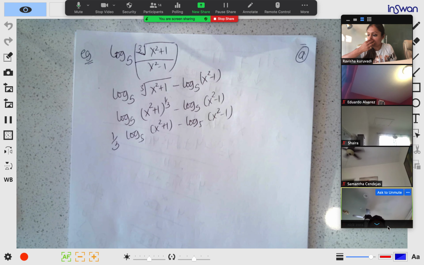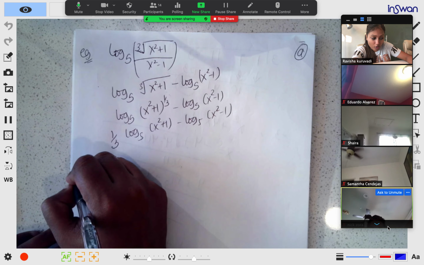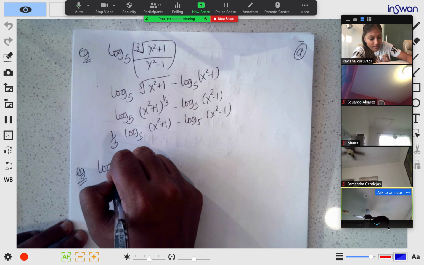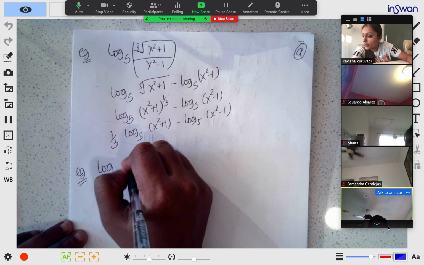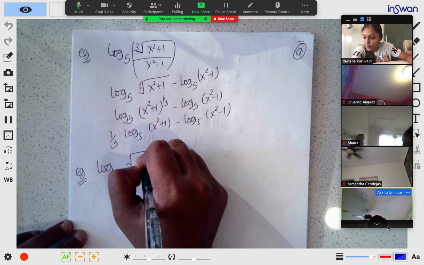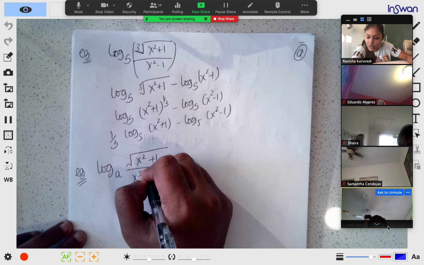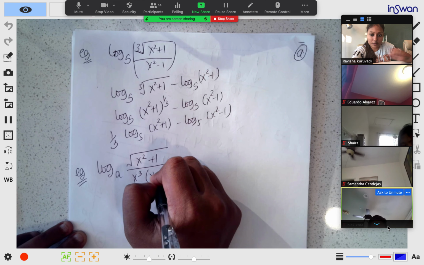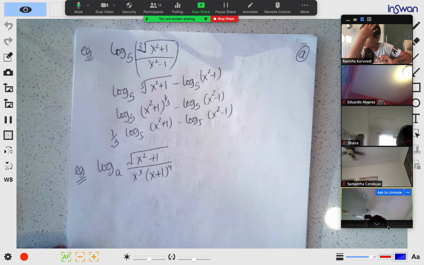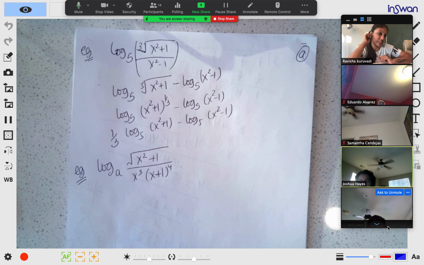Okay. Suppose now I'm going to do one more example here. You have log a square root of x square plus 1 over x cube, and then x plus 1 to the power of 4. You have to expand this as much as you can. Joshua? Help me with this one.